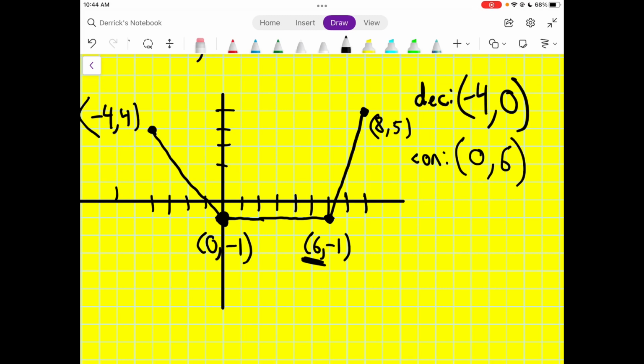That means our next interval is going to start at 6, and we'll see what it does from there. Well, it looks like we are increasing after 6. We can see it heading up, and it keeps on increasing until the end of the graph, which, by the coordinate point there, looks like our graph ends at the x-coordinate of 8. So we simply label that an increasing interval, and we've got our answer.